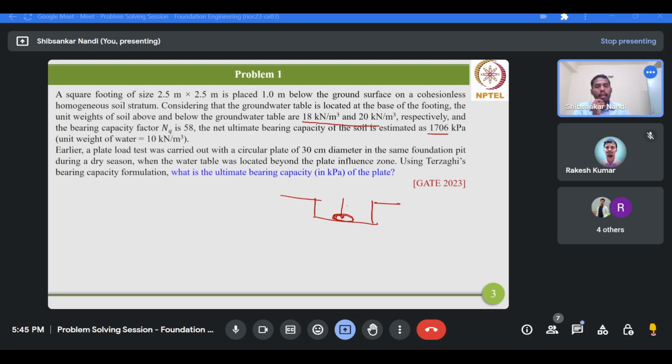It will be cyclic or it will be gradual. Okay, gradual in the sense monotonic loading. Monotonic means you are increasing the load in a monotonic fashion, and in the cyclic case, suppose you apply first some 5 kilonewton load, or in terms of stress or pressure 5 kPa, then at an interval of 5, then 10, then 15.